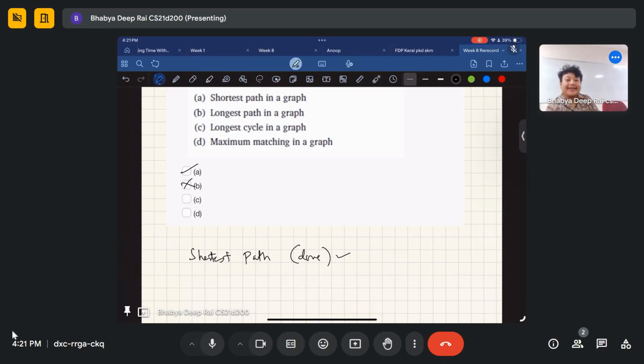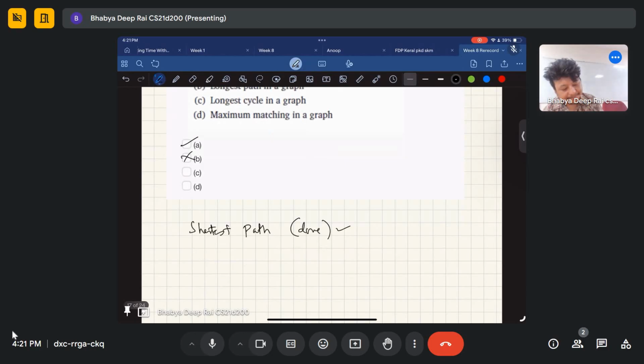Longest cycle in a graph. This is interesting. Can you reduce? First of all, can you solve it in polynomial time? To solve it in polynomial time is not very clear. There is no counting argument. If I do a DFS, it may also be difficult.